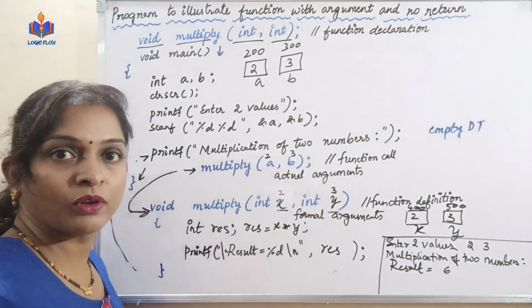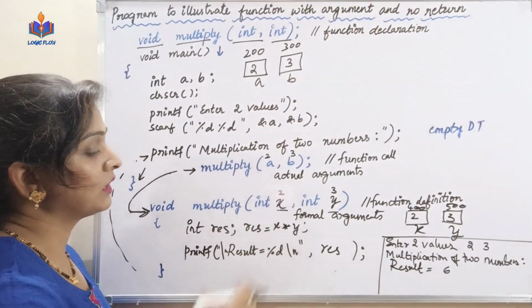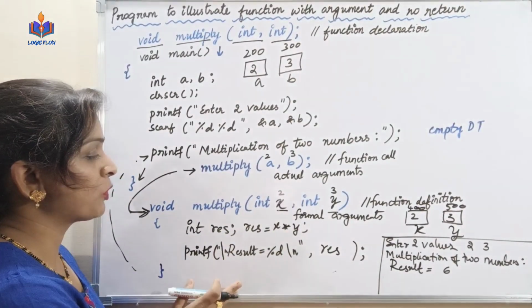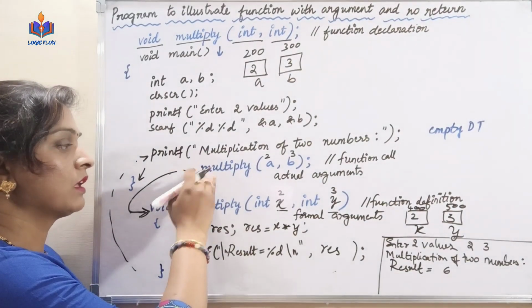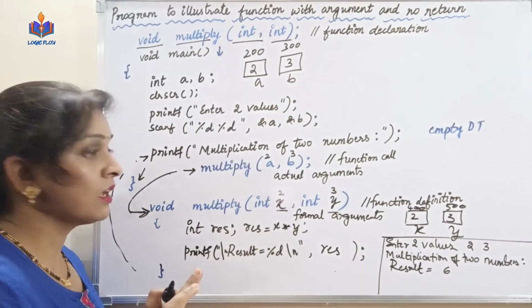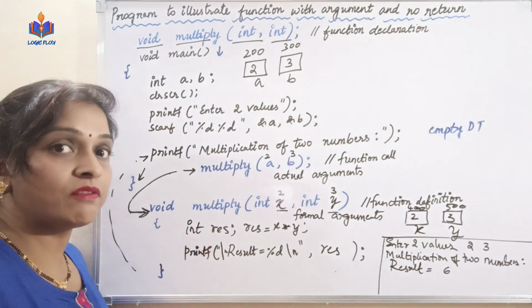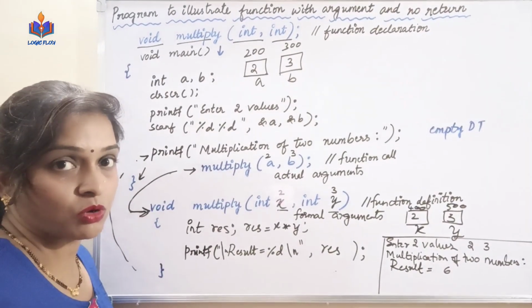That's it. You can do that also. So this is function with argument and no return. After printing the result in the subprogram itself, there is nothing to do in the main program, but the control will be back to the main program. If it is not returning any value, it means it is not carrying any value. That's it. But the control will be back to the place where the function was called.